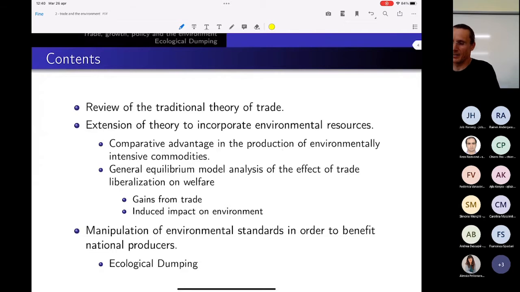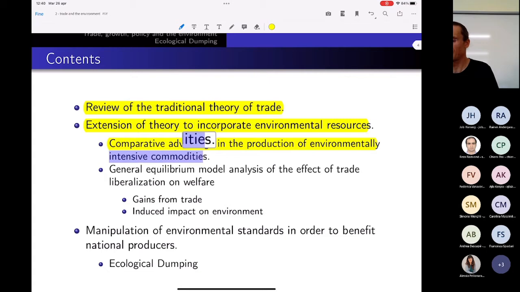As already mentioned, I will review traditional trade theory, a very basic one, and then study extensions to incorporate environmental resources. We'll study what the comparative advantage is in production of environmentally intensive commodities.